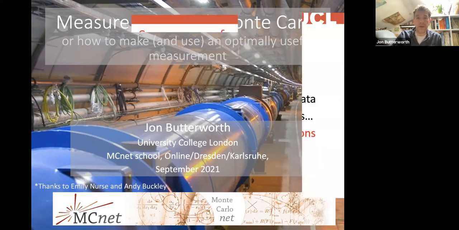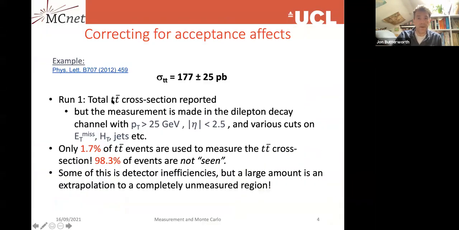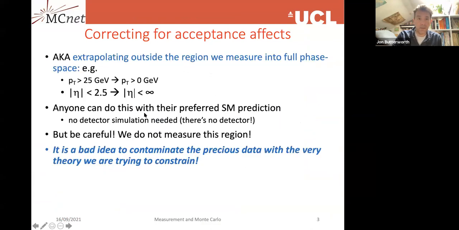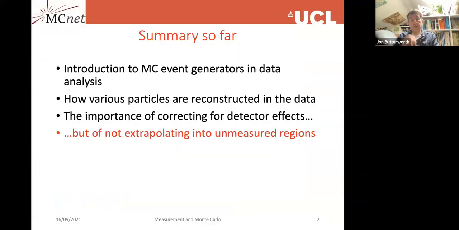So just to recap where we were yesterday, I gave some introduction to how Monte Carlo event generators are used in data analysis, and how that couples with the full simulation of a detector in Geant. And also how various particles are reconstructed in the detector, in the data, and the importance of correcting for these detector effects.